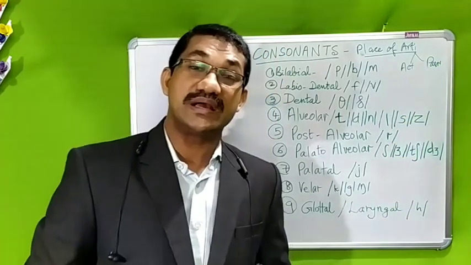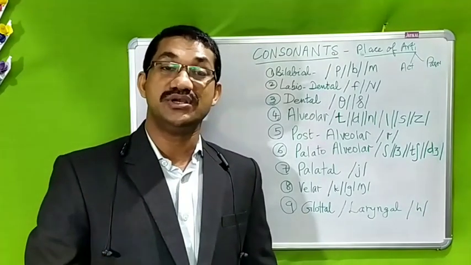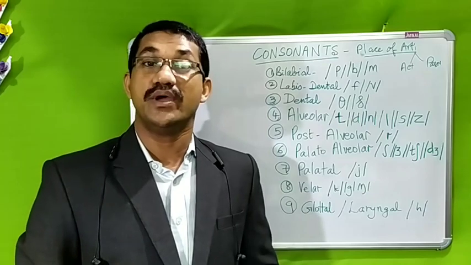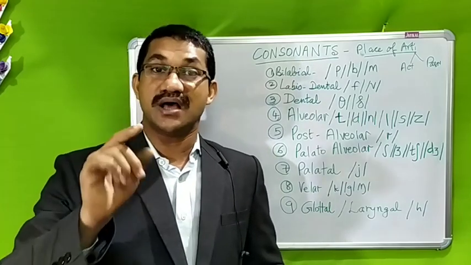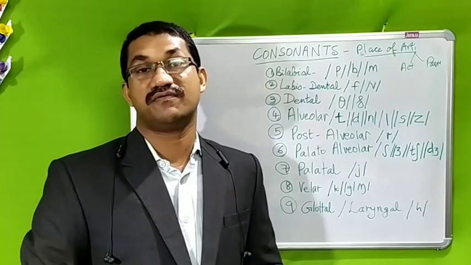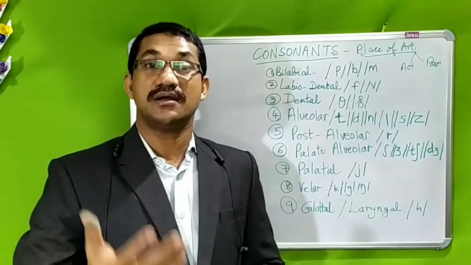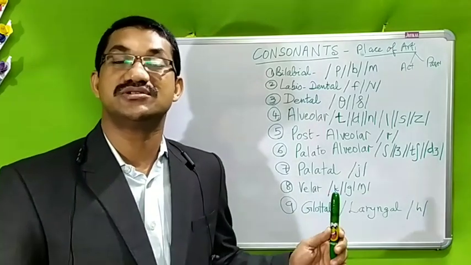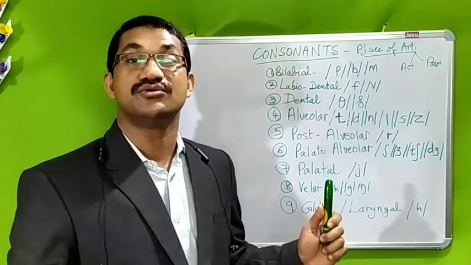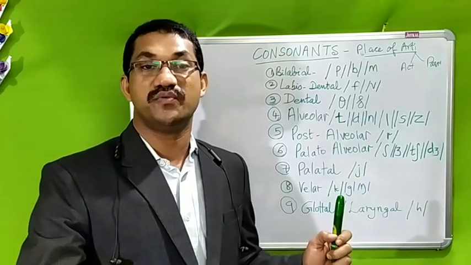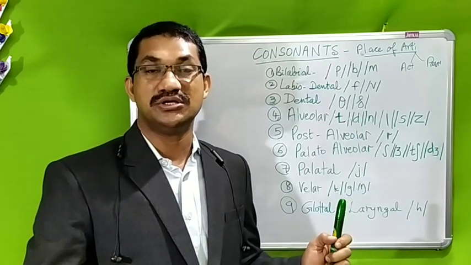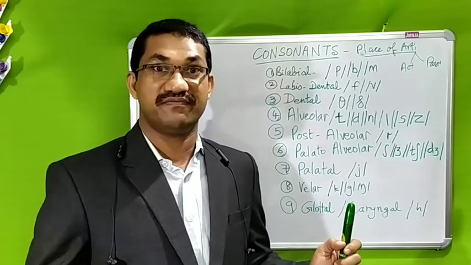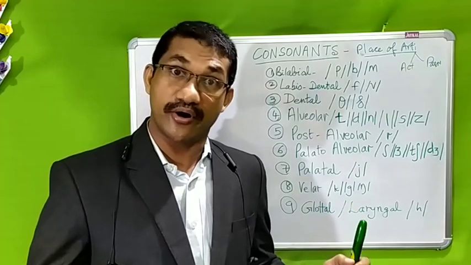When we classify the 24 consonants into different groups based on the place of articulation, we come across 9 groups of consonants. Let's be familiar with those 9 terms with which we group the consonants into different categories.